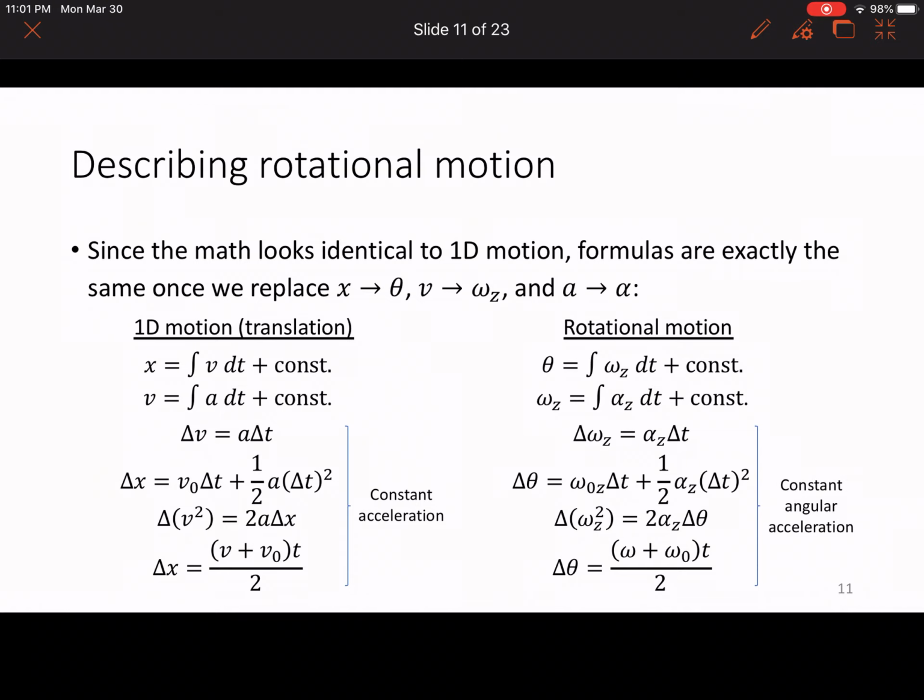So for example, delta v equals a delta t: v becomes omega, a becomes alpha, and t just stays alone. Time is still time. So all of these formulas, you don't need to relearn them. They just behave exactly the same way. I'm just changing the definitions of my variables.